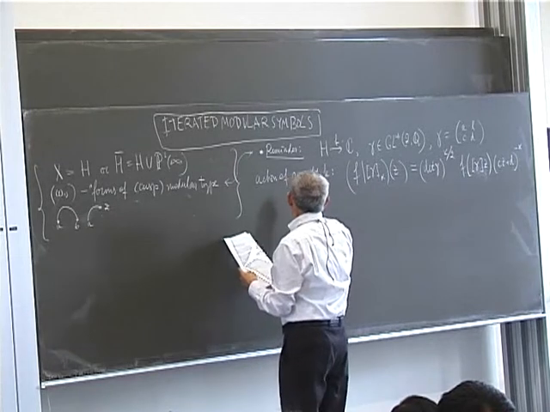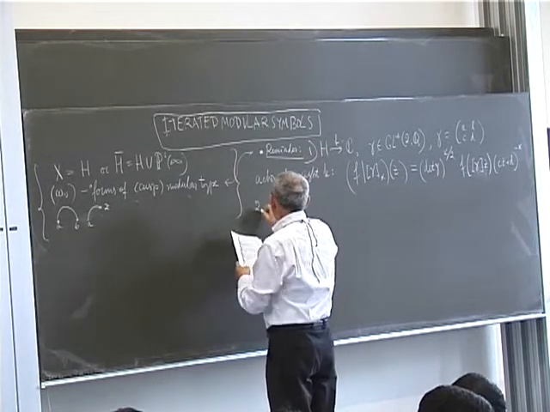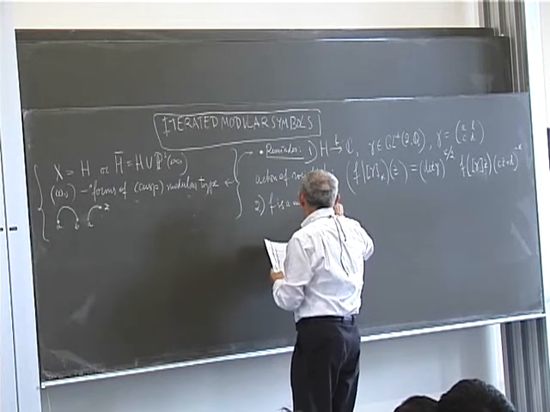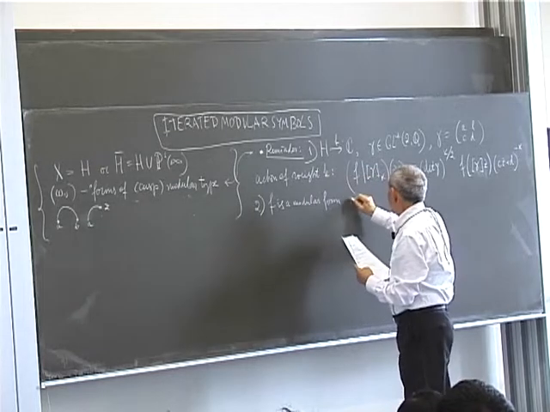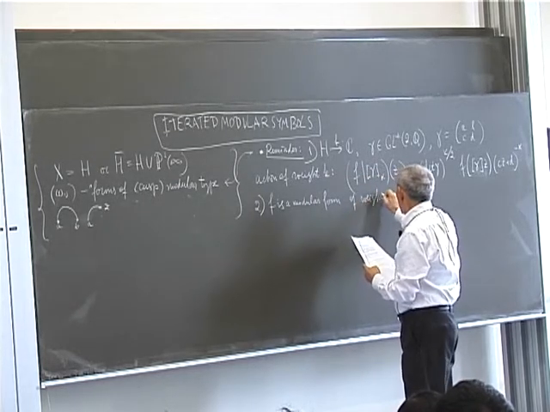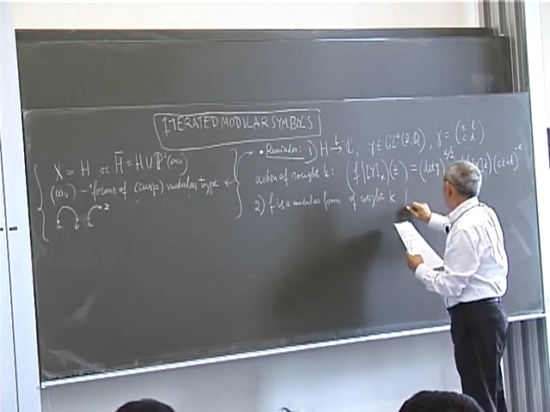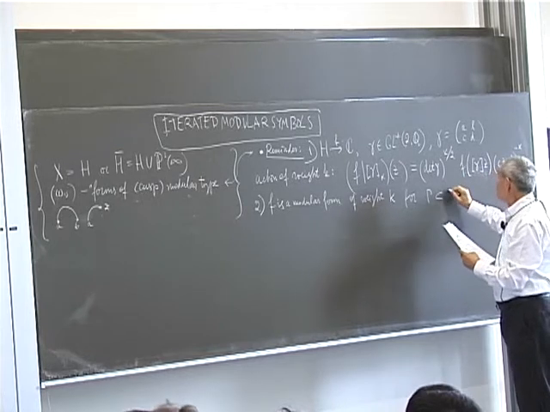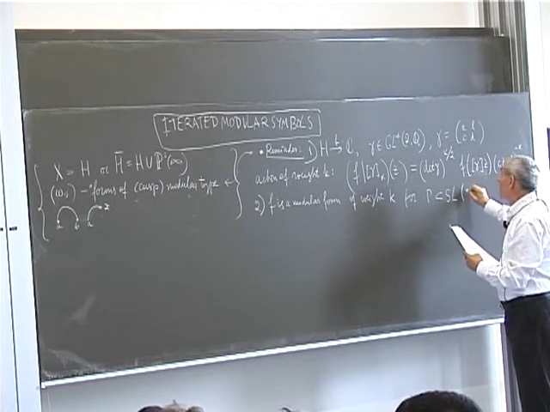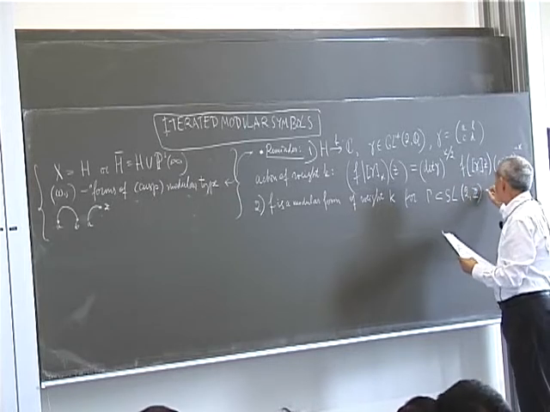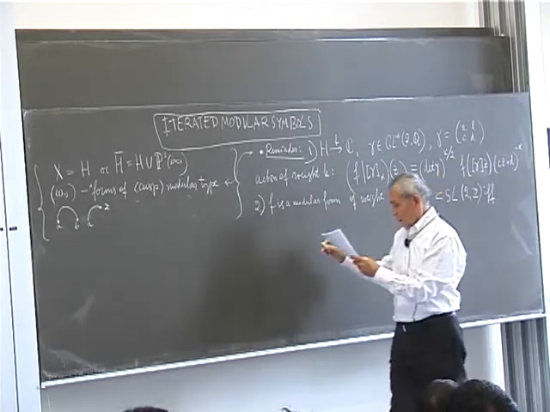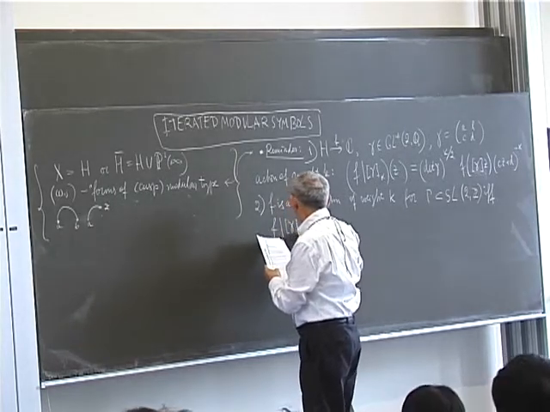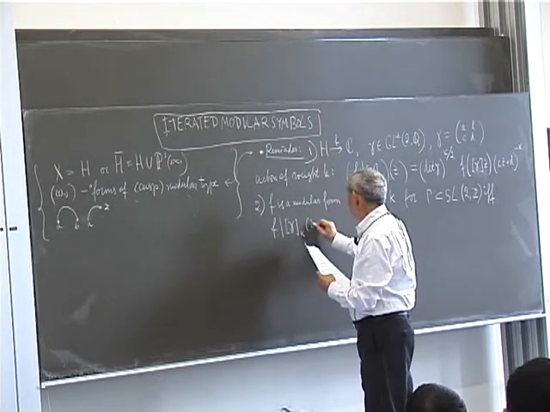Okay. So this will be the first part. The second part: f is a modular form of weight k for some gamma in SL, say, 2 Z, if we have this identity.